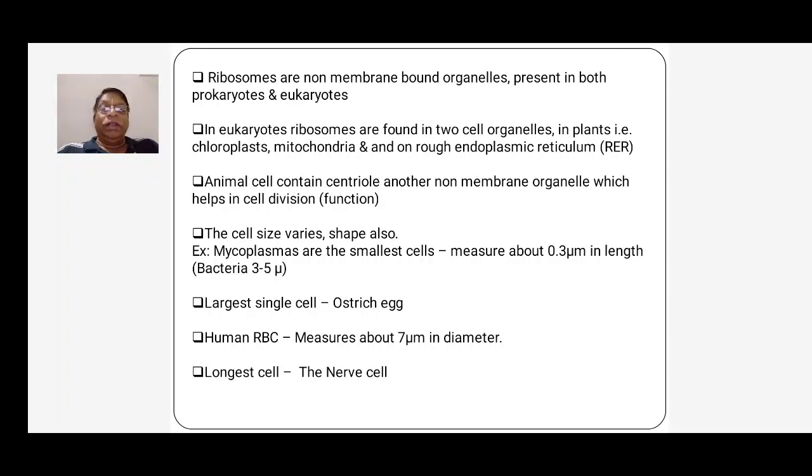That is the smallest and the largest. What about the longest cell? The longest cell is the nerve cell. The nerve cell is the longest cell.